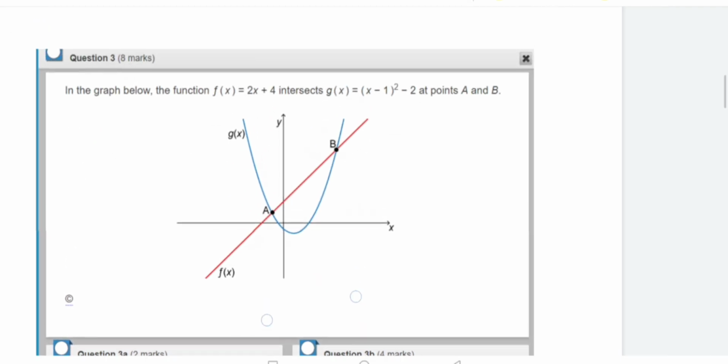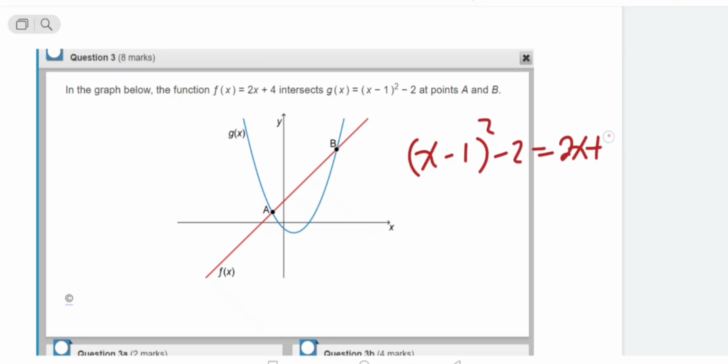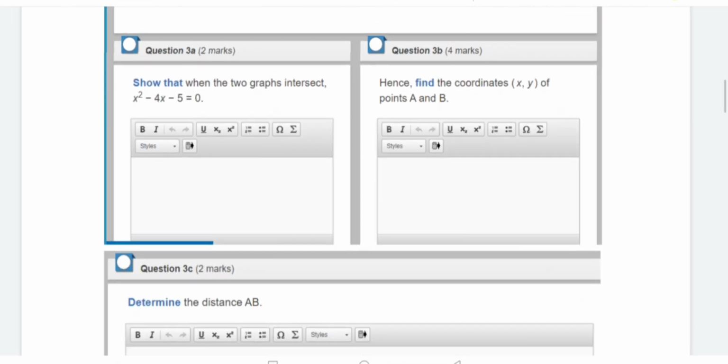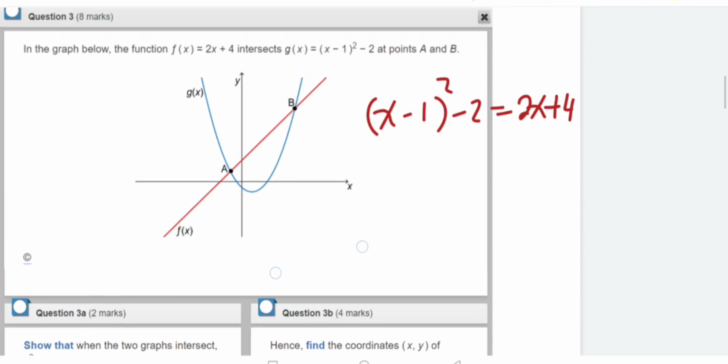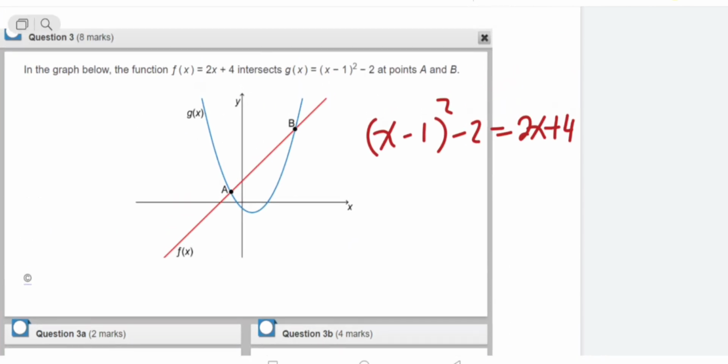Okay, how intersecting? If 2 graphs are intersecting, we always keep this equal to this and we simplify. Again, let me write here, x minus 1 square minus 2 equals 2x plus 4. So we will simplify that one and if we get this answer, that's correct. Let's start. X minus 1 square means x square minus 2x plus 1 minus 2.